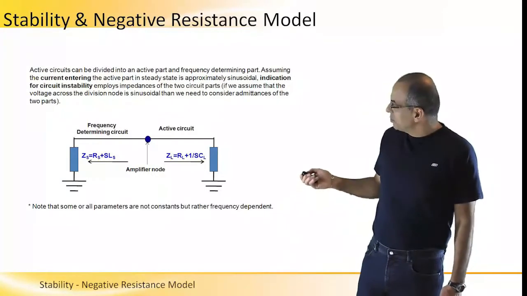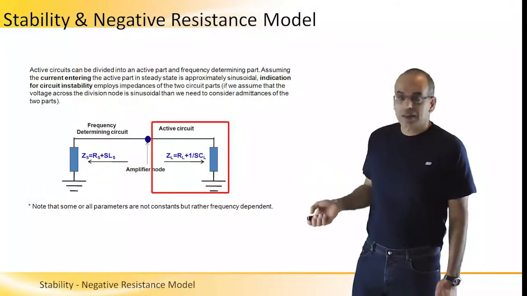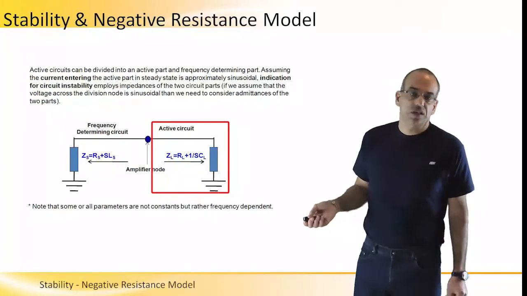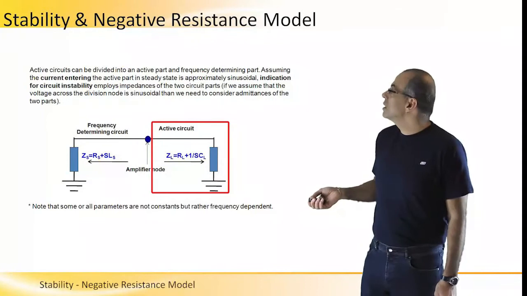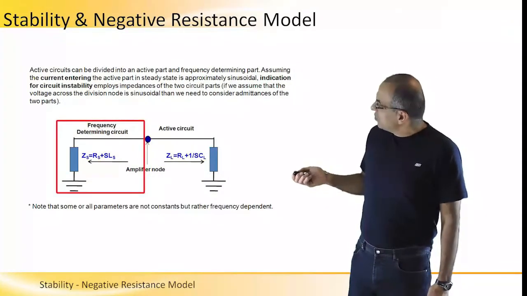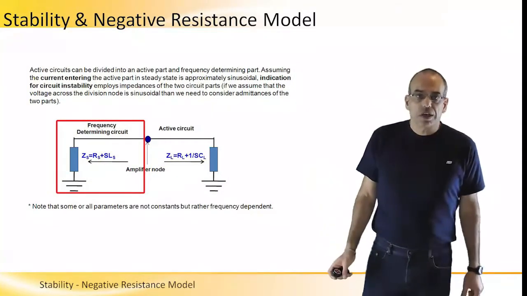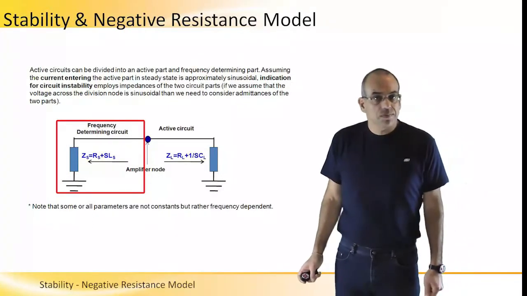It's a good assumption because we know the transistor has a capacitive CGS input impedance. And then we will have the other part, which will be called a frequency determining circuit.